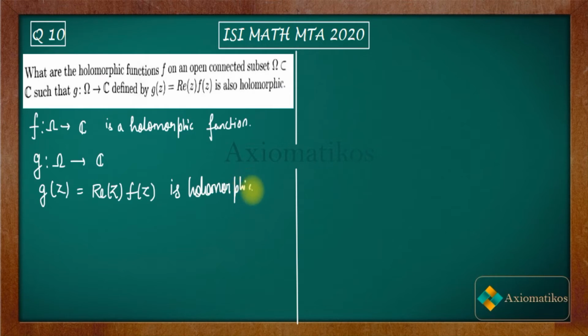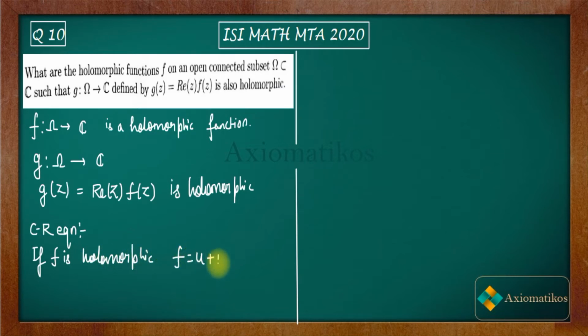All right. Before solving this question, I will tell you the Cauchy-Riemann equation, generally known as the CR equation. What it says is that if f is holomorphic, and let us say it's given by f equal to u plus iv, then it satisfies u_x equal to v_y and u_y equal to minus v_x.